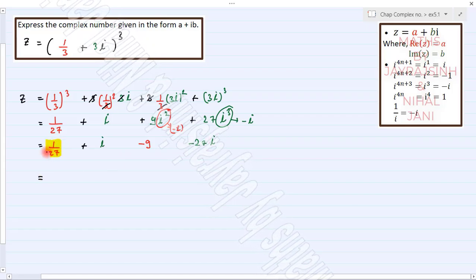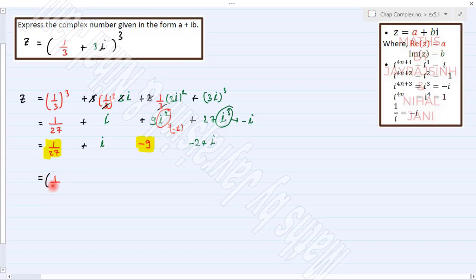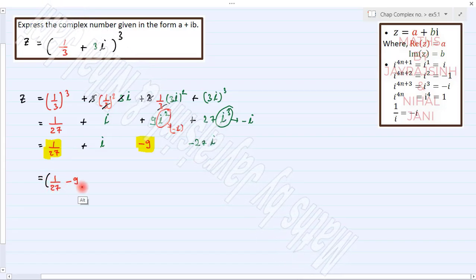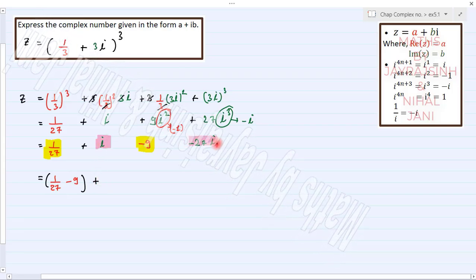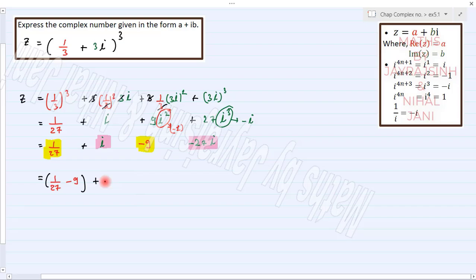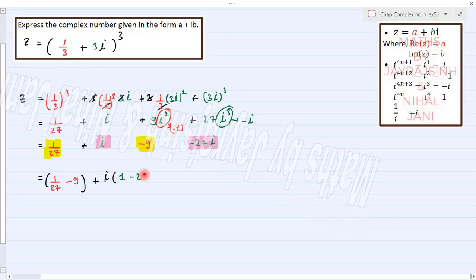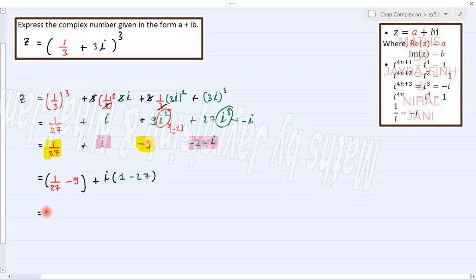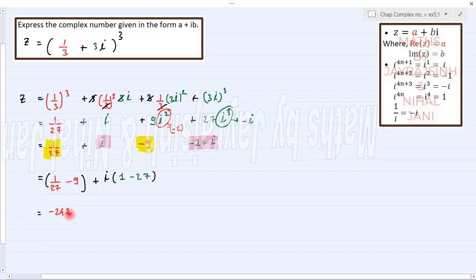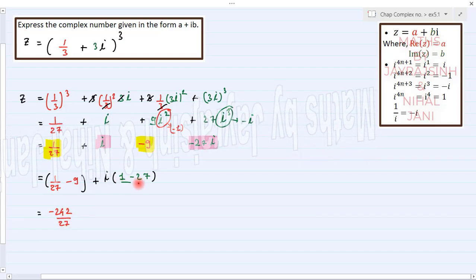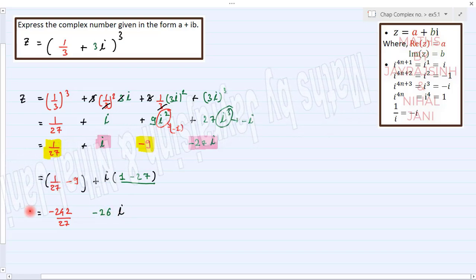Now, you just have to collect the real part, which is 1/27 minus 9, and from the rest of the terms, which are the imaginary part, we have to take i common. So we will get 1 minus 27. So 1/27 minus 9 will give us minus 242/27, and 1 minus 27 will give us minus 26i.